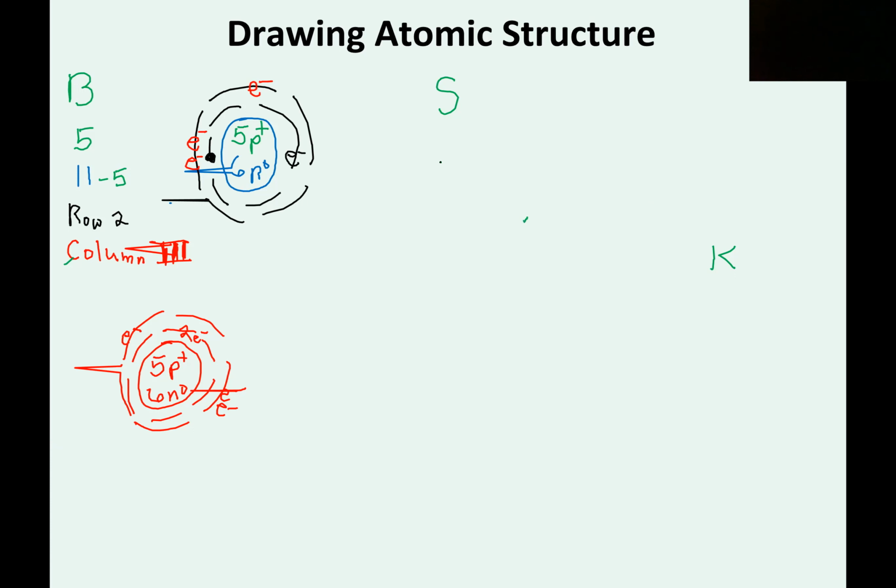Okay, so with sulfur, you have 16 protons. You have 32 minus 16, so 16 neutrons in the atom's nucleus. You're going to have 3 shells.